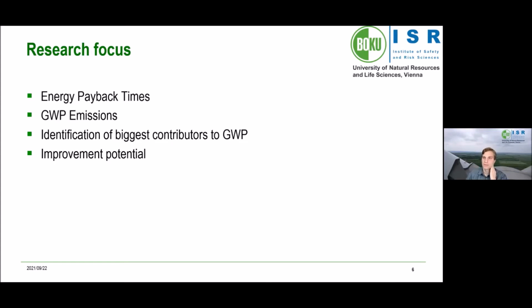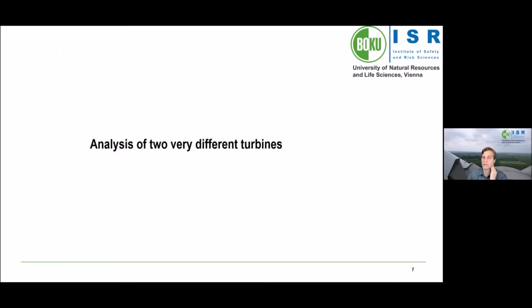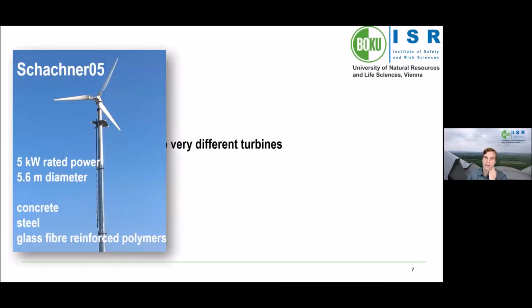For this, we took two very different turbines and analyzed them. One is a Schaffner 05, a 5 kilowatt turbine, roughly 6 meter diameter, mostly made from concrete, steel, and GFRP.